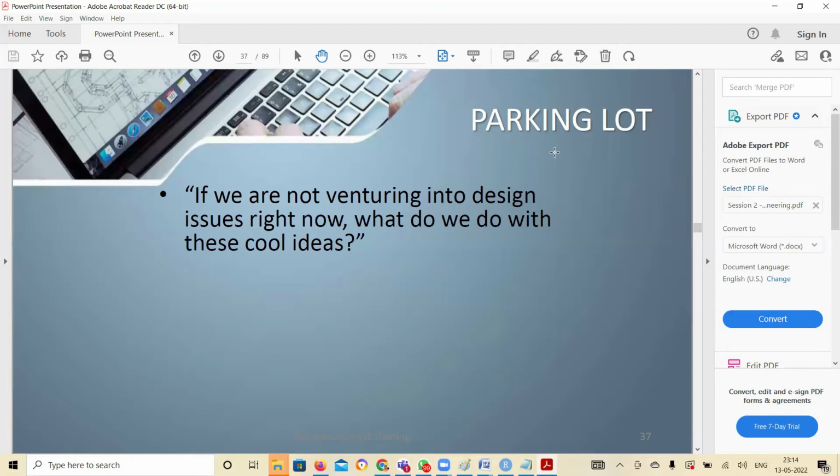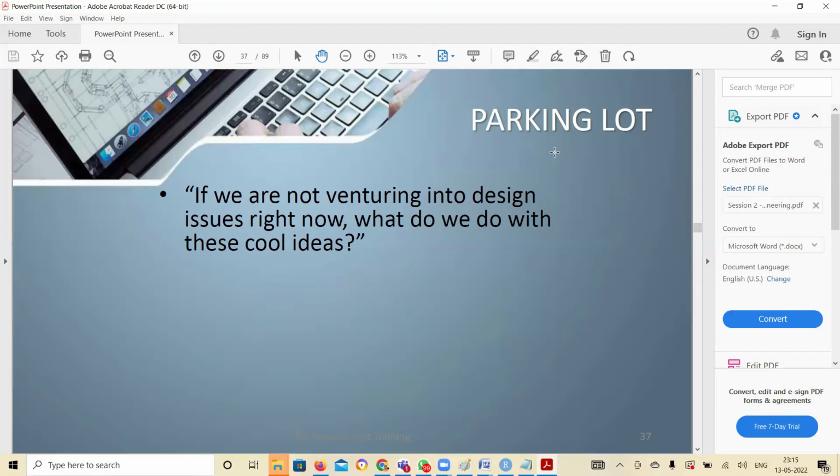So that's what it's saying, that if you come across something which should not be there, like the presentation, we say the presentation should not be discussed or should not be in the requirements, but you come across it, you discussed it, and it looks like a great idea. So we call something like a parking lot. A parking lot is not a commitment.